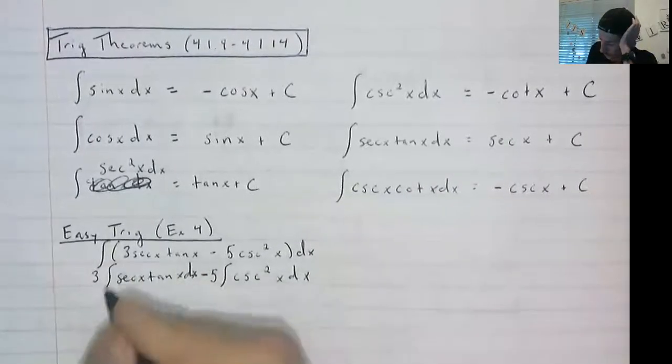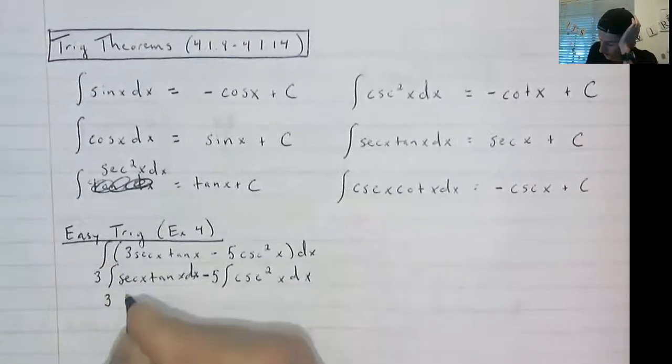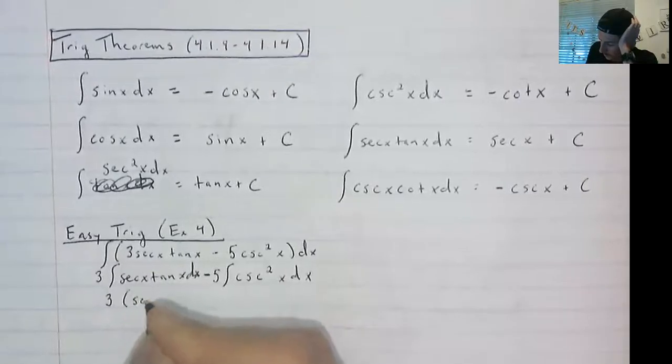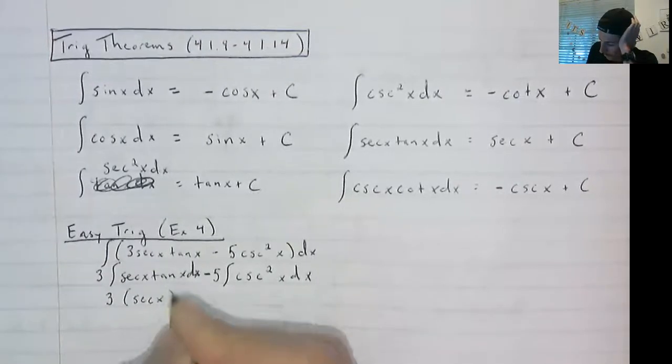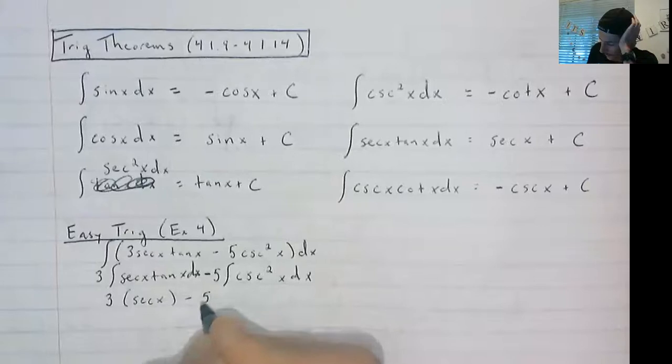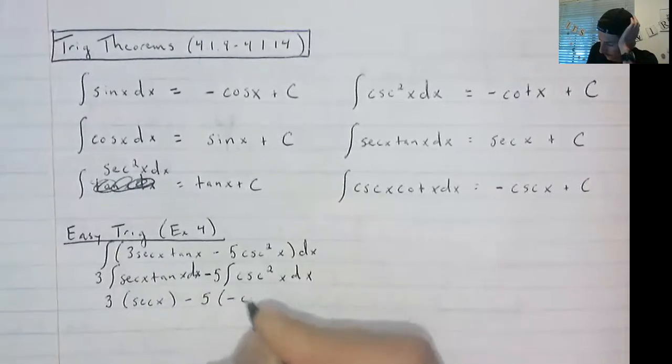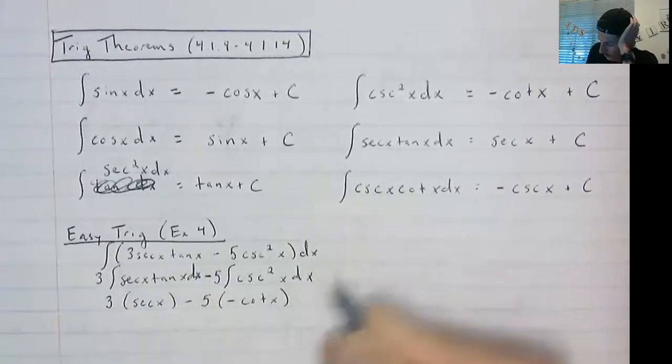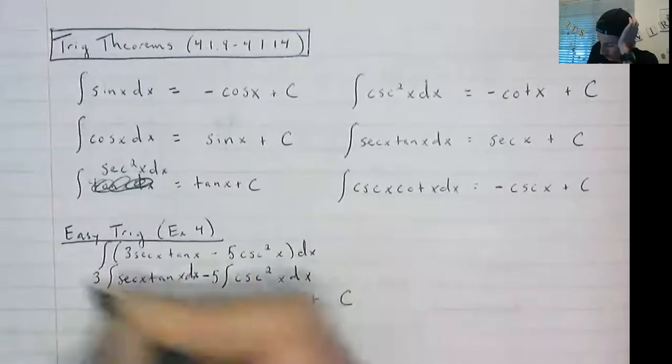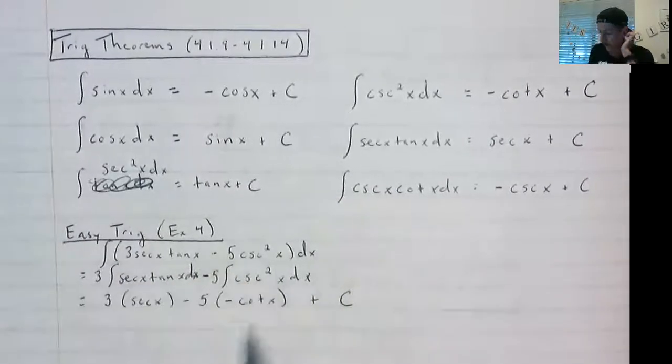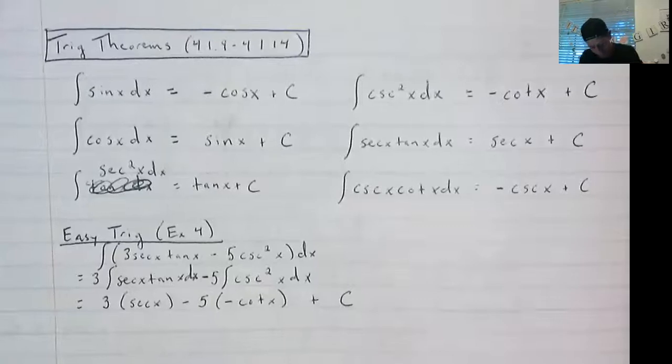And so this turns into 3 times the secant of x minus 5 times the opposite of the cotangent of x. And then we'll just do one generic c. You don't have to do a separate c for each guy.